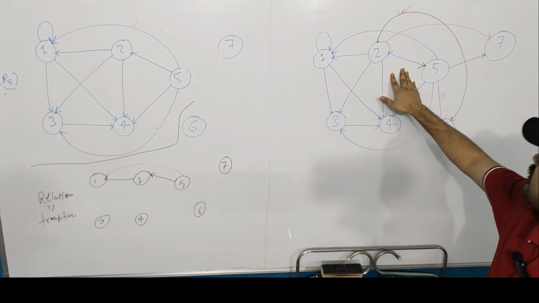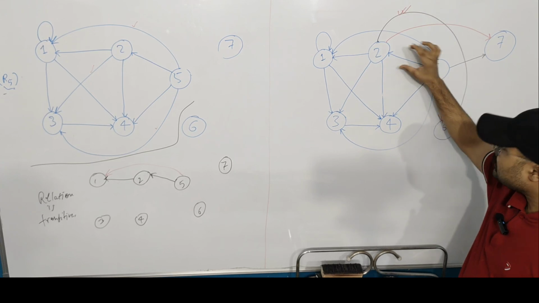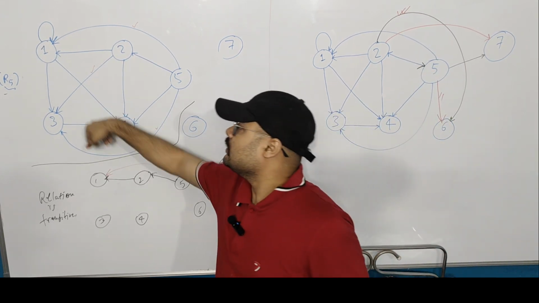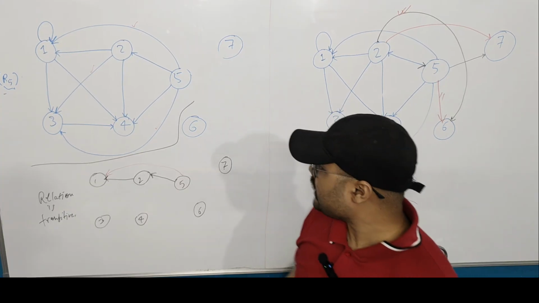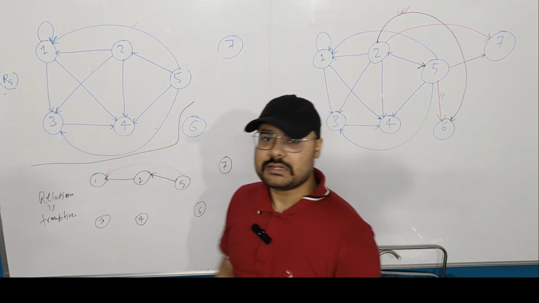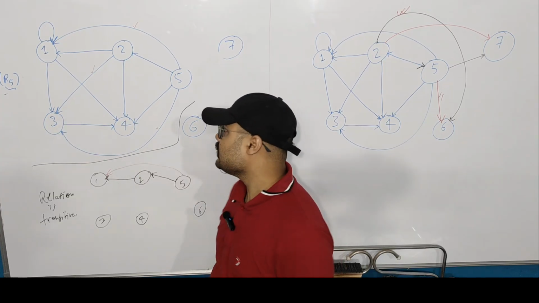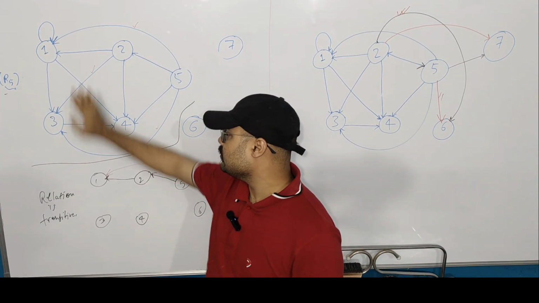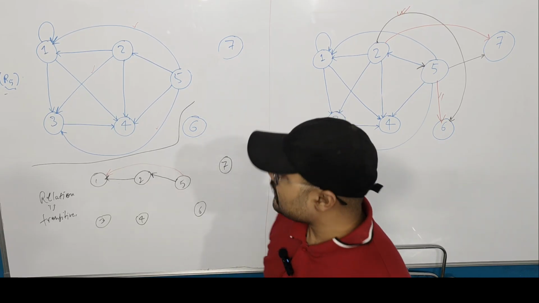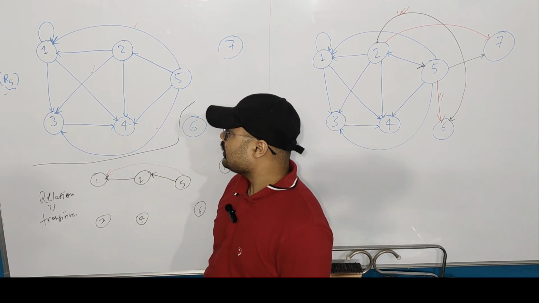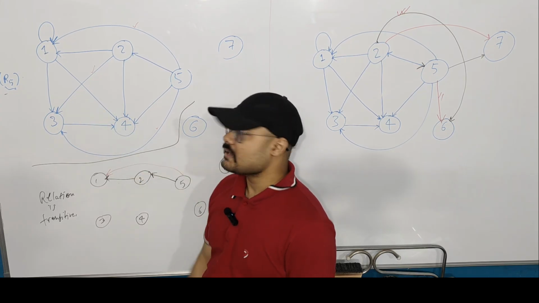So this was the case when you have a bidirectional edge, but here all of the edges are unidirectional. So you can say that this transitive relation is also an antisymmetric relation. In R5, between any two nodes the directed edge is unidirectional, so this is an antisymmetric relation, and this is also a transitive relation.